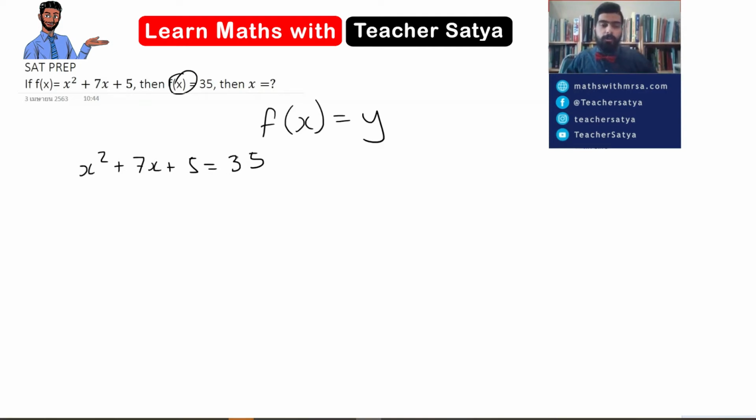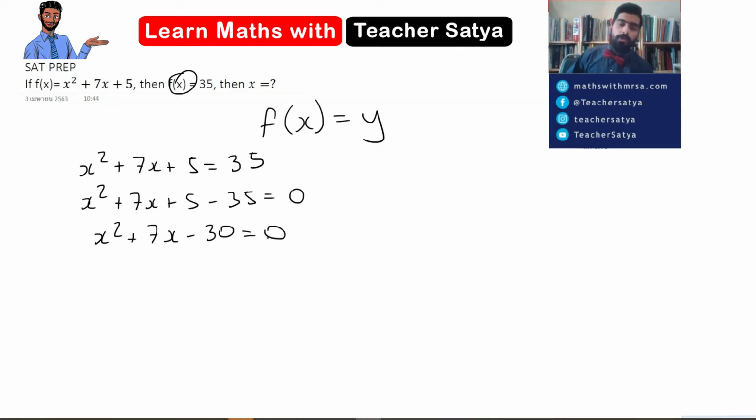Now what we're going to do is transpose this to the other side. So we would have x squared plus 7x plus 5 minus 35 is equal to 0. Alright guys, and we would have x squared plus 7x minus 30 is equal to 0.